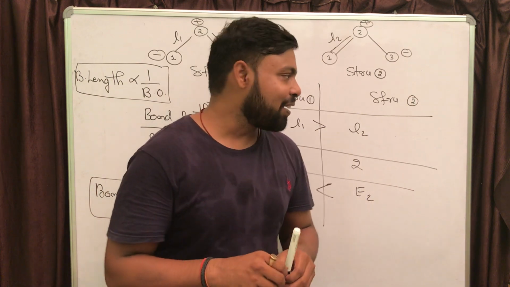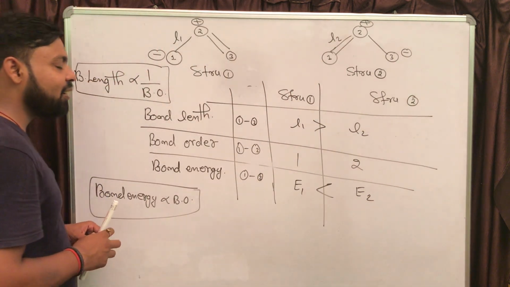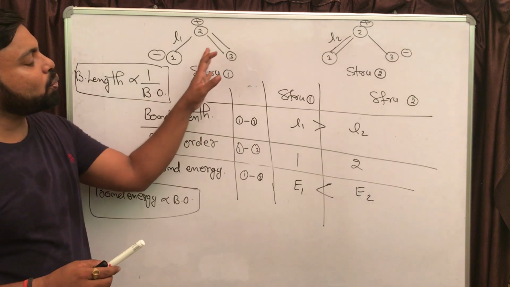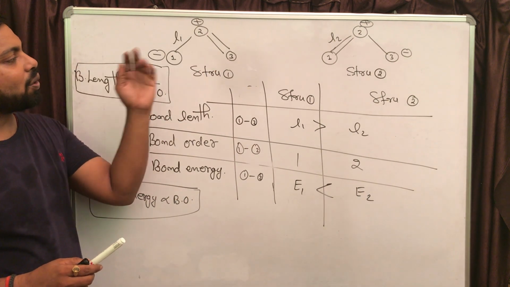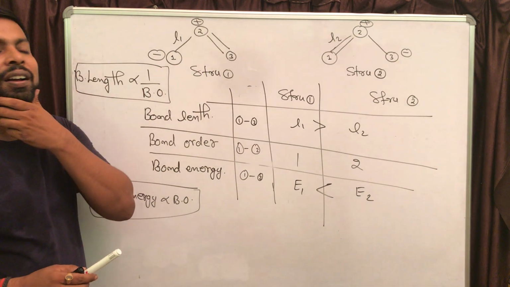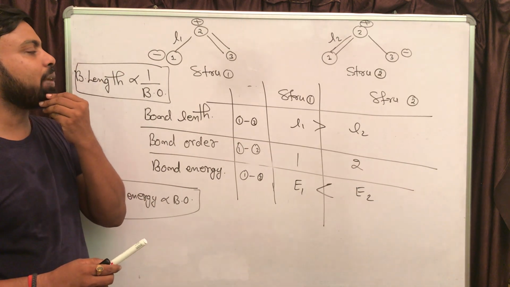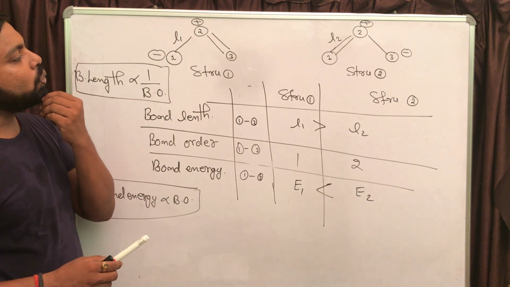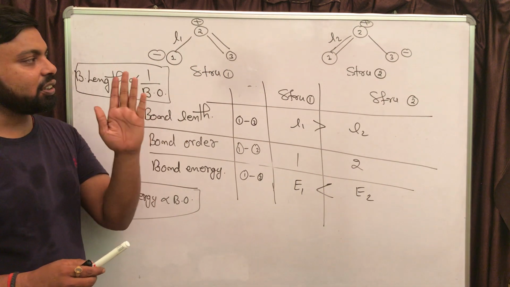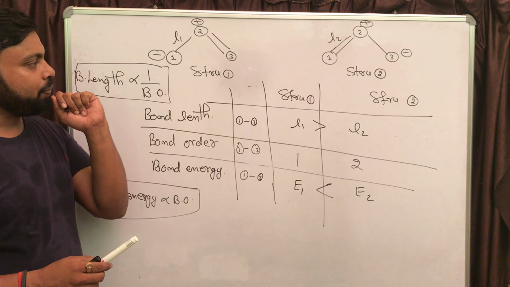Let's see how. First, you should be clear that we have drawn two structures for ozone, and both are unable to explain the actual, practical property of ozone. So definitely these two are not real existing structures.